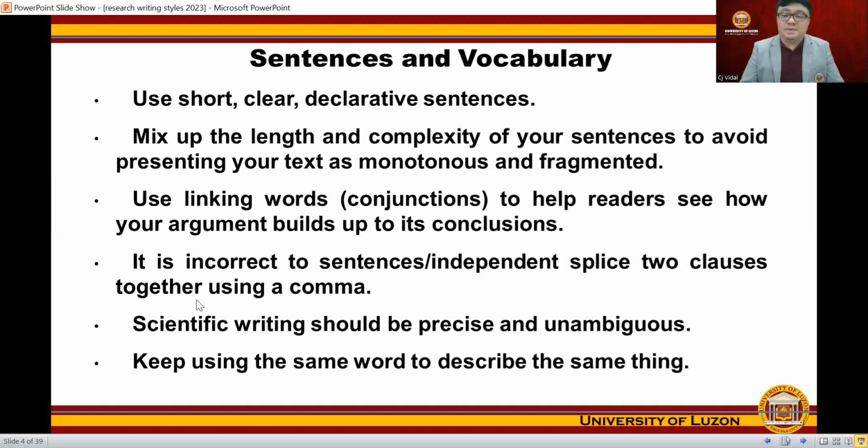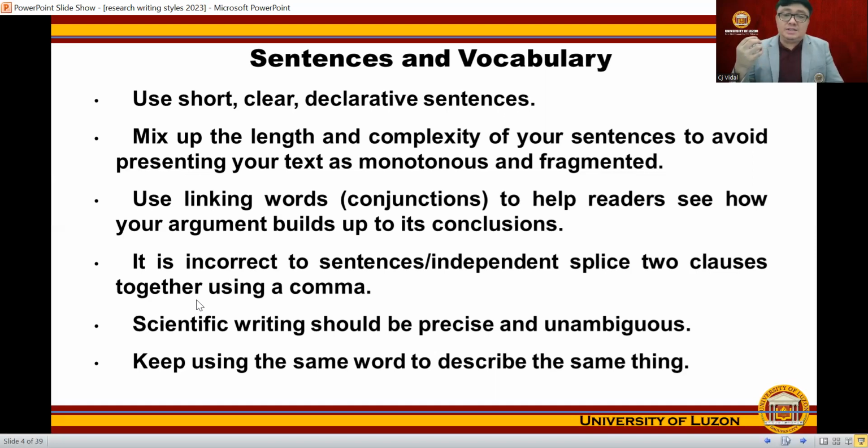Number two, we bear in mind that too many short sentences placed together can make your text seem abrupt or dull, which is why it is prescribed that you mix up the length and complexity of your sentences in order to avoid presenting your text as monotonous and fragmented.